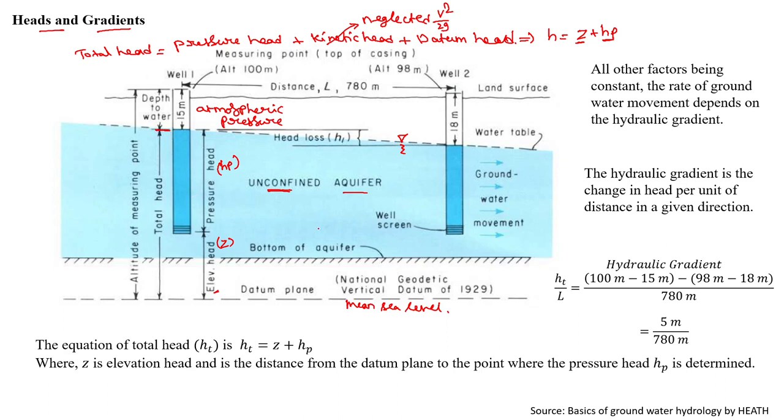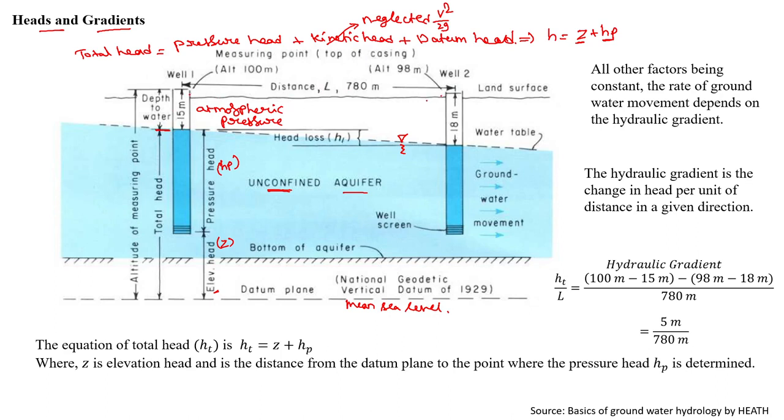Let's say this is an unconfined aquifer, and this dashed hatch line shows the bottom of the aquifer. Suppose I insert two piezometers at a distance of 780 meters in the unconfined aquifer. Well one is here and well two is here.